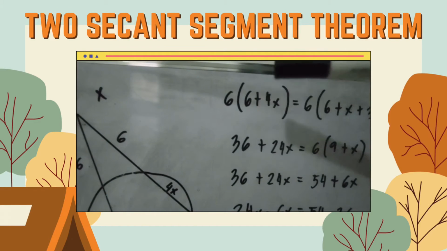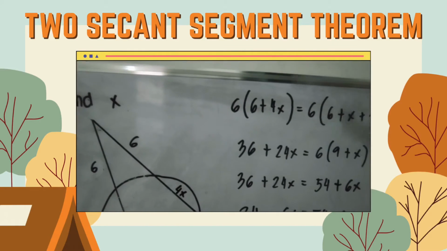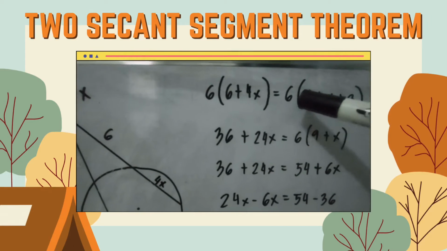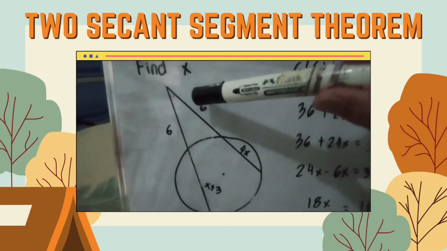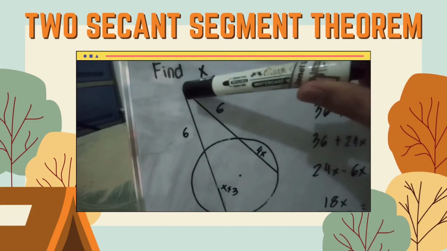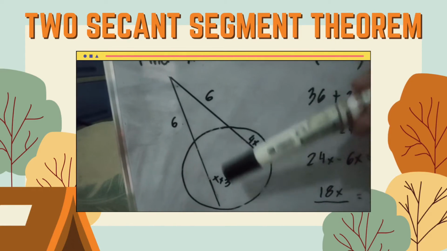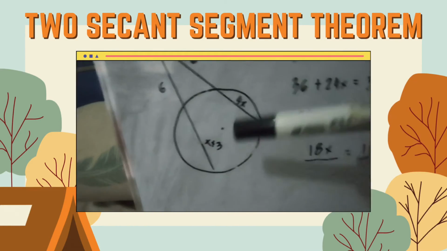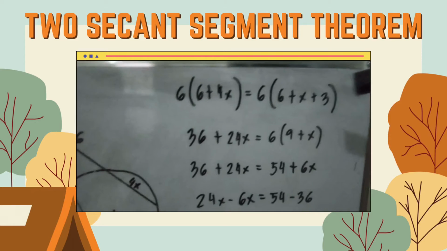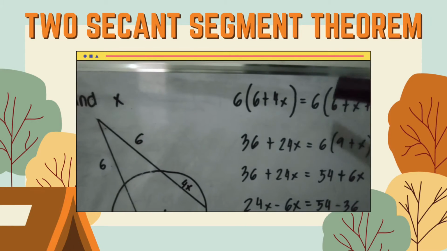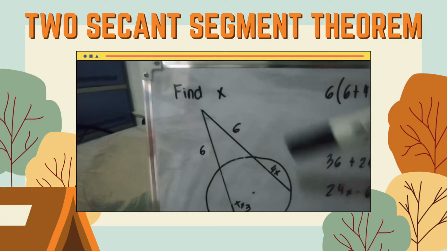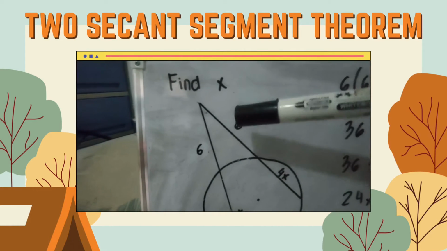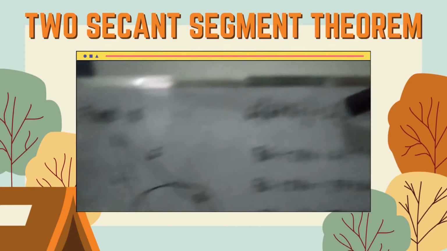That's why 6 times 6 plus 4x is equal to the total length of the other secant segment, which is 6 plus x plus 3, times 6, which is the external part of the other secant segment.